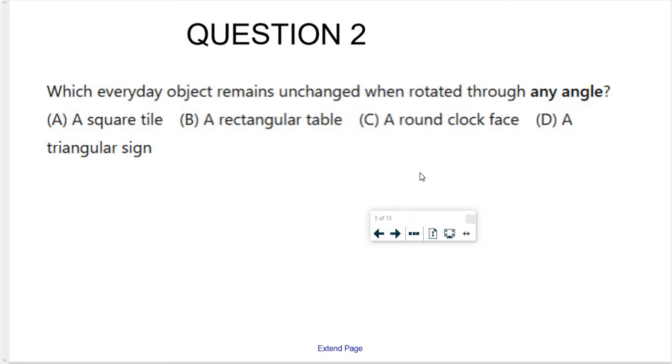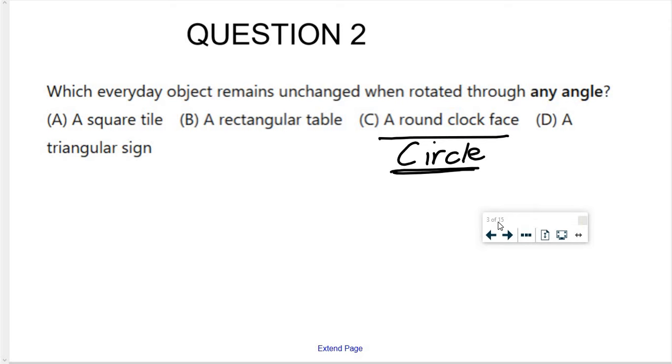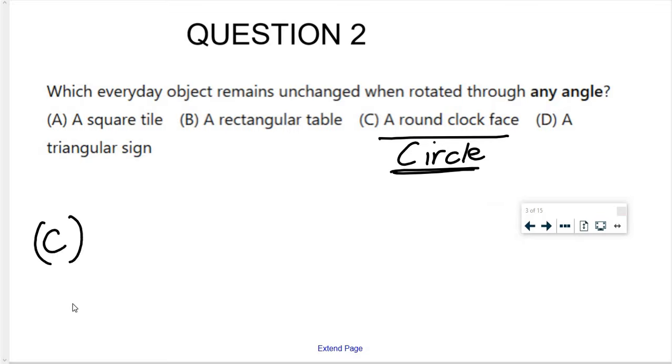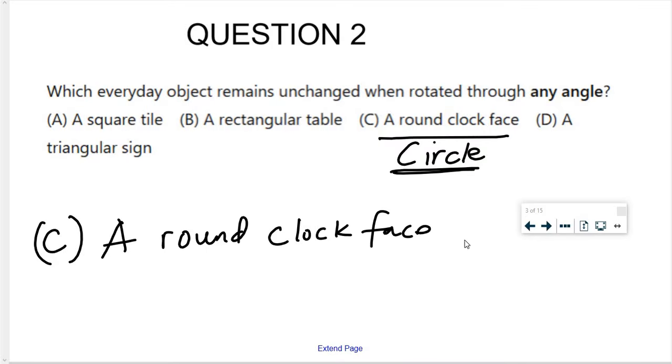Answer is a round clock face which takes the shape of a circle. So a round clock face is the one which remains unchanged when rotated through any angle. So answer is option C, which is a round clock face.